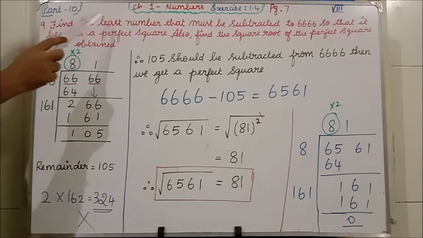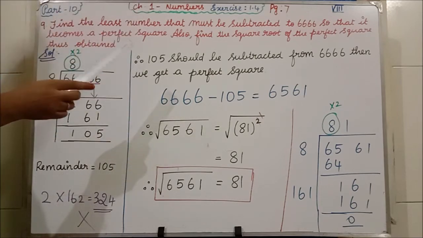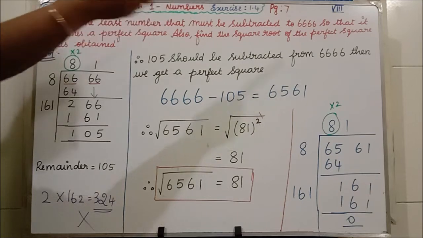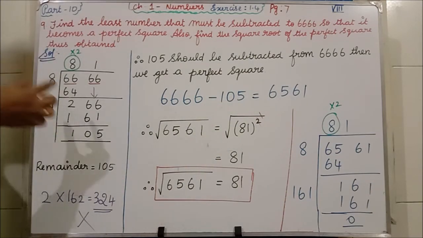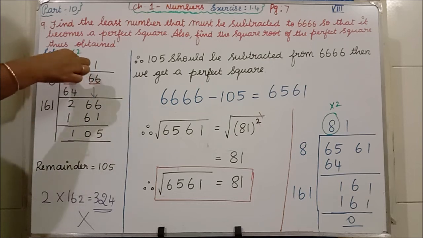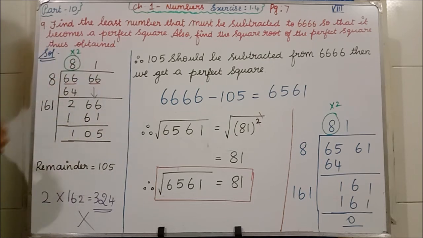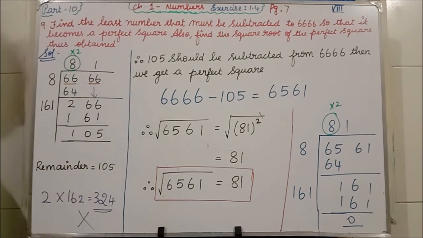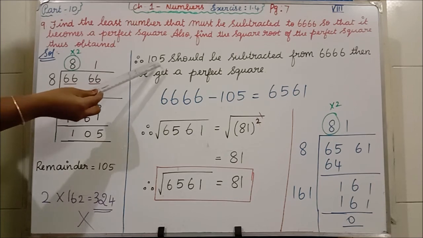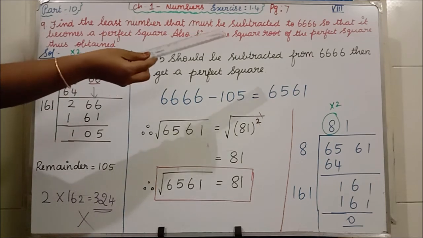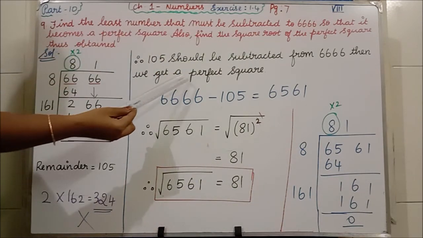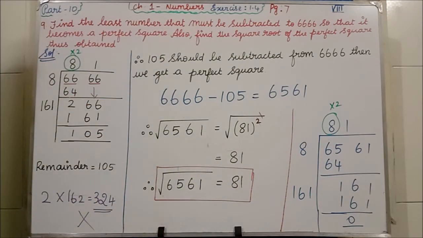See the question: find the least number that must be subtracted from 6666. What number you are getting as remainder, that number you have to subtract from the number in the question. So I have written, therefore, 105 should be subtracted from 6666. Then we get a perfect square number.